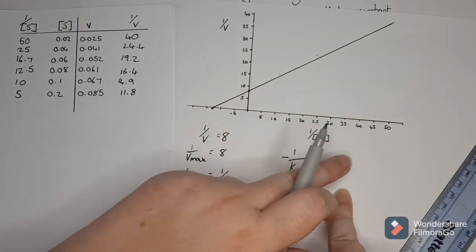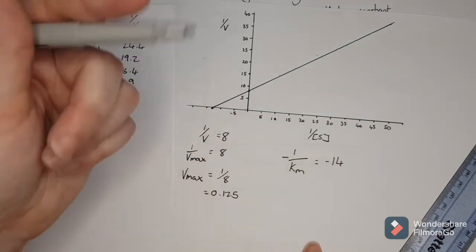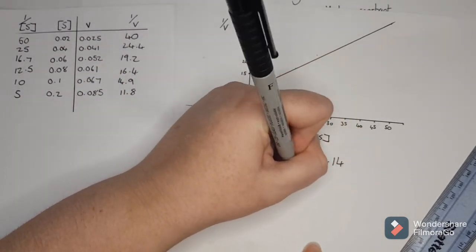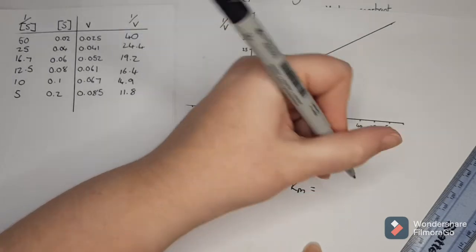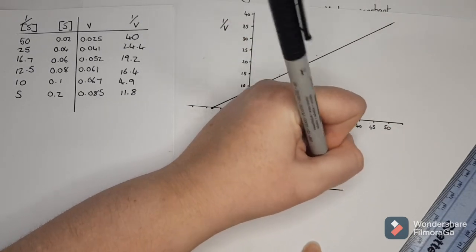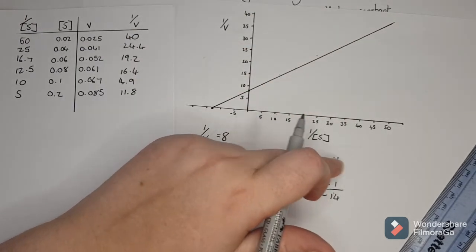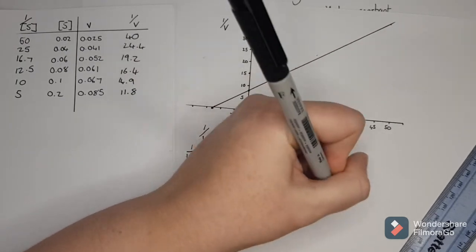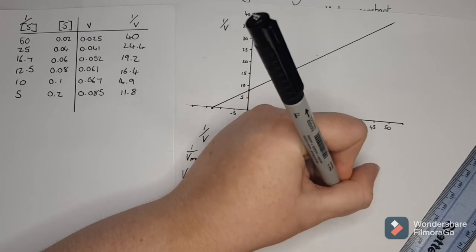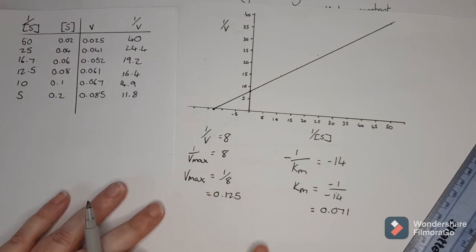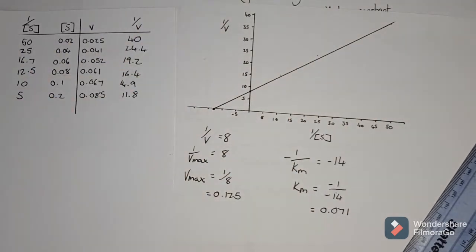Then I can swap places and say that my Km equals negative 1 over negative 14, and the negatives cancel out, and 1 over 14 in your calculator is 0.071. So there I have the Km and the Vmax by plotting the reciprocal graph.